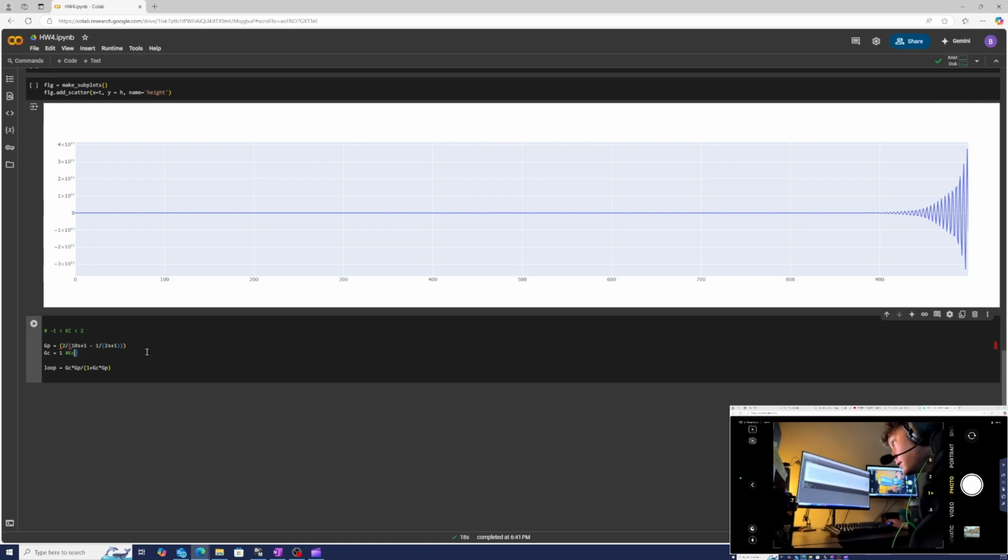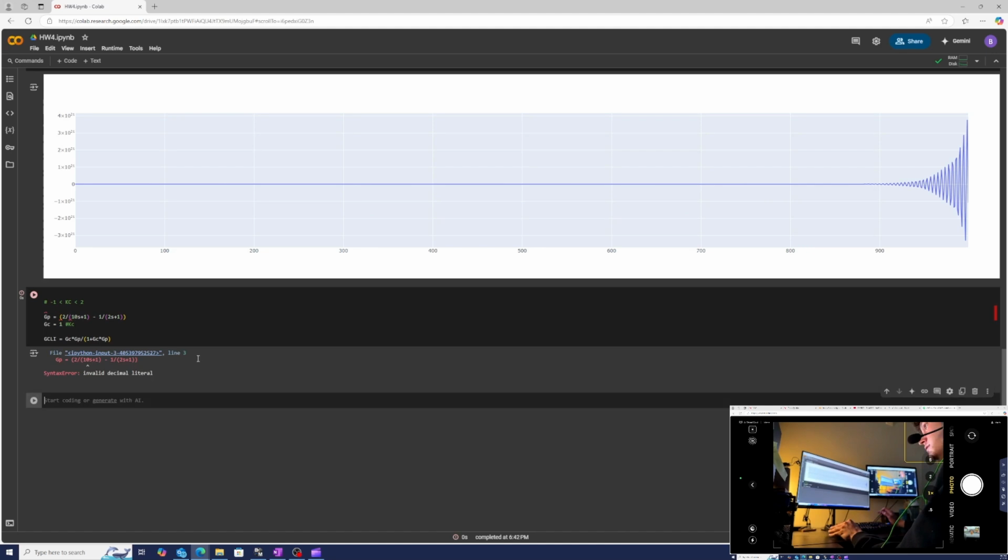So that is our process transfer function. I don't know why it's giving me not closed. These should all be closed. It's being weird. Anyways, we'll call this our GCLI for our inverse relation. It's going to be our GC times GP over 1 plus GC times GP. So we can try and run this.